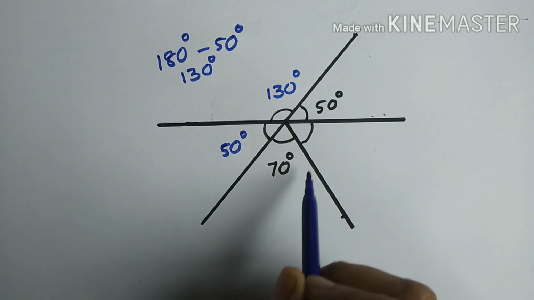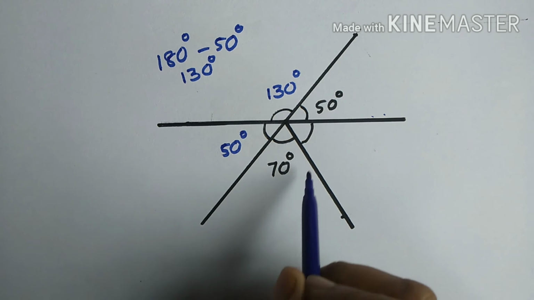Next question, page number 12, question number 4. Look into this figure. Here, one angle is given as 50 degree. We have to find all the other angles. Now look into this angle, see. This line is perpendicular to this line and the angle is given like this. So we can write there it is 90 degree. Clear?